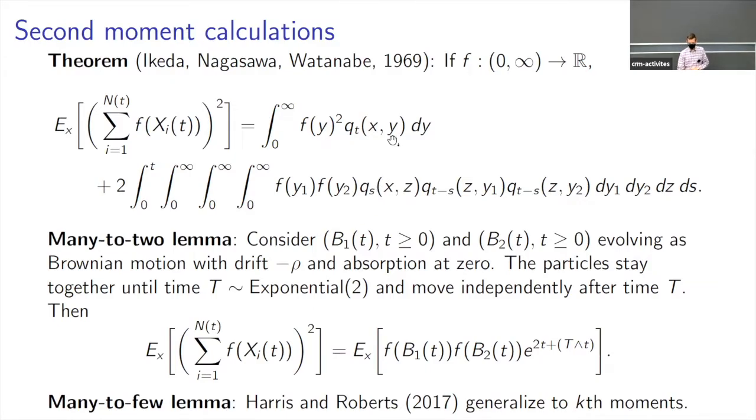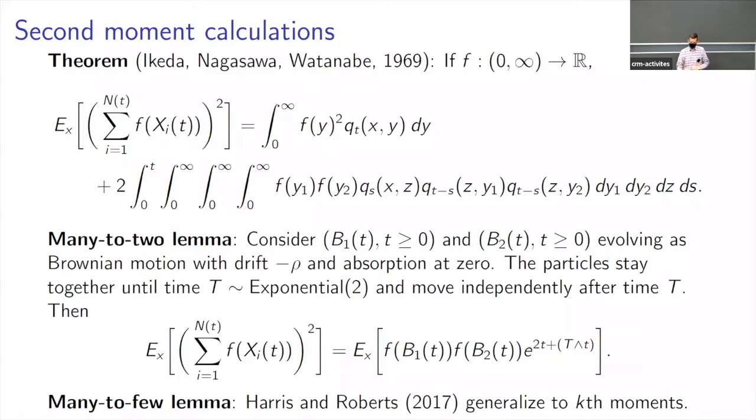Then it turns out that this right-hand side here is exactly equal to this expectation. Basically, the first term accounts for what happens if the two particles stay together until time little t, and the quadruple integral evaluates this expectation on the event when the particles split before time little t.